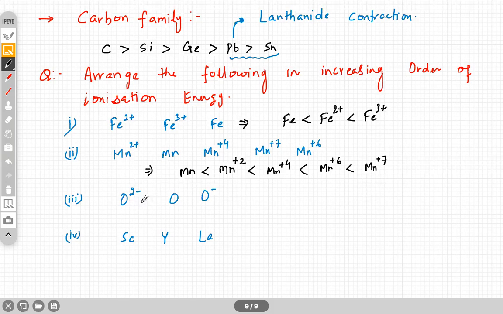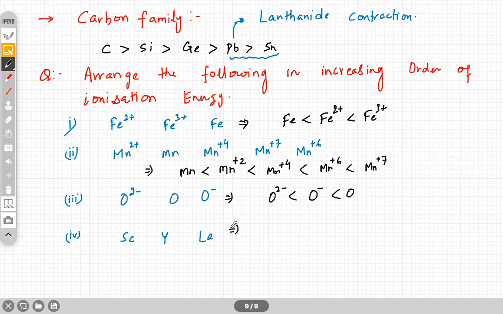O2- has the largest size, then O-, and then O. This one I have already told you.